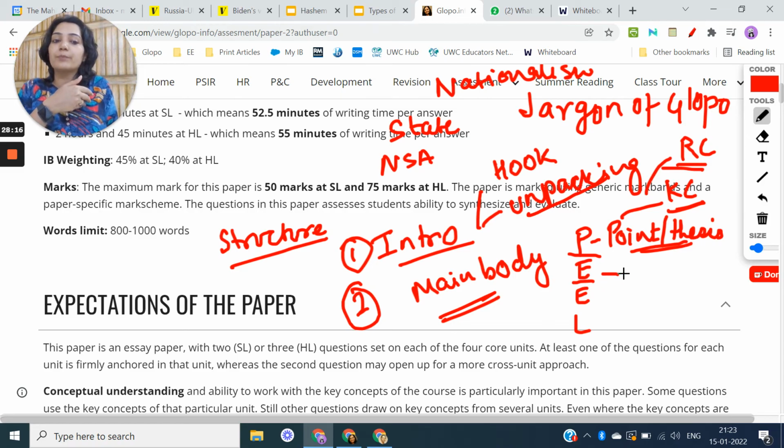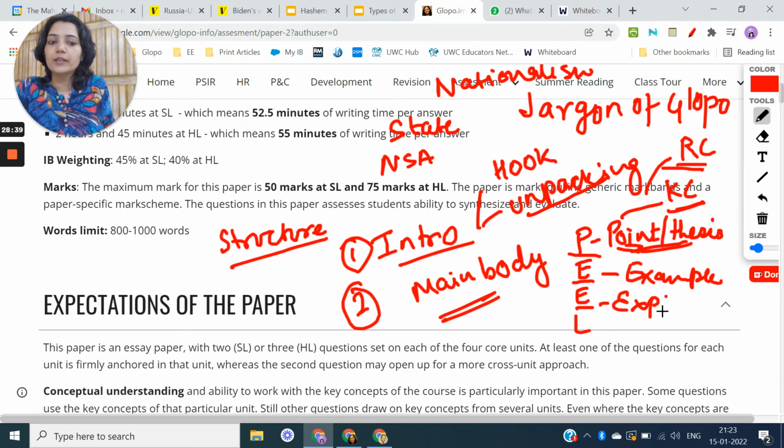Then E, example. You are giving an example to support this point. Now, in case you give any example and you do not elaborate or explain this one, then it doesn't make any sense. And the examiner may say that you have just signposted your example, but you did not go into detail of this one. So you need to explain, okay? You need to explain this example.